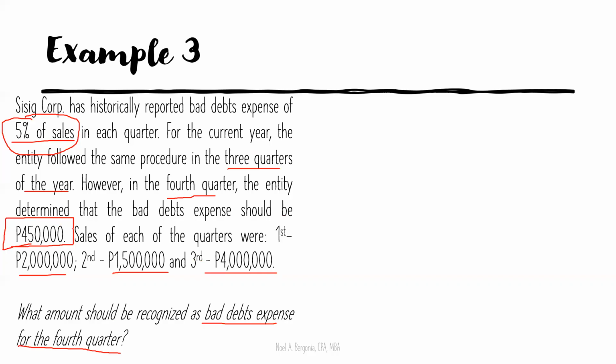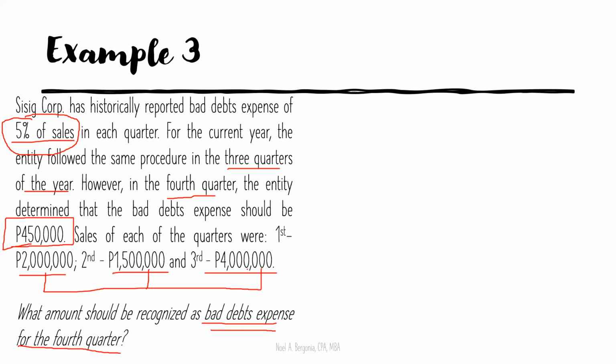Supposedly for the fourth quarter we already have 450,000, but take note that we need to consider if that is correct. If I add everything from the first up to the third quarter, estimating it with the fourth quarter, should it be 450,000? The difference from what was already recognized in the first, second, and third quarters, estimated at 5%, is deducted from 450,000, and any increase or difference is charged to the fourth quarter.